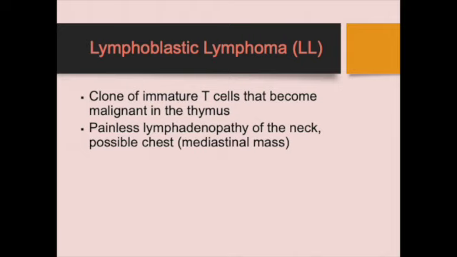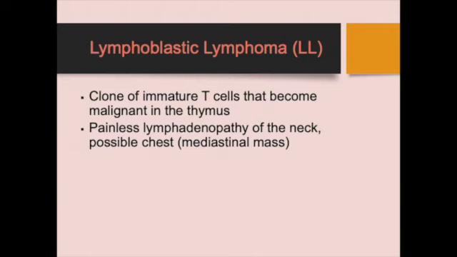Because this mass is pressing on the respiratory system, patients will experience symptoms of dyspnea and chest pain. There is compression of the bronchi and even the superior vena cava as well. That tumor can infiltrate the bone marrow and suppress bone marrow hematopoiesis. Therefore, you're going to have a susceptibility to infection.